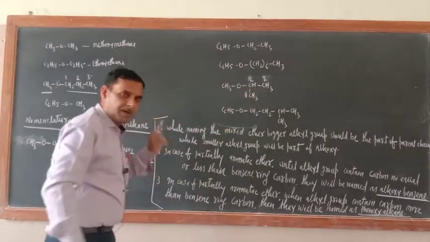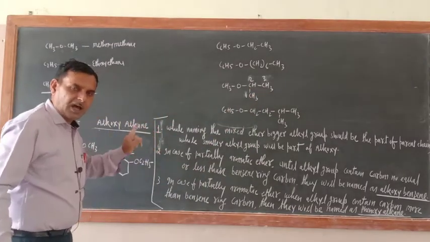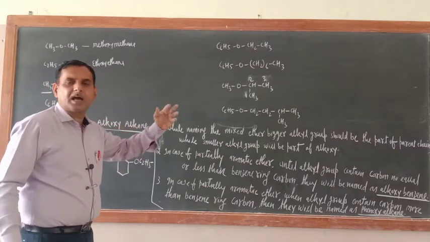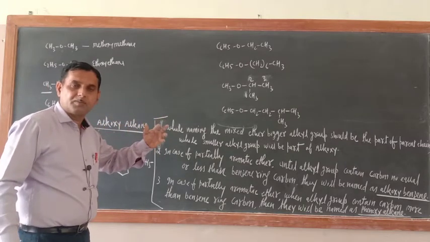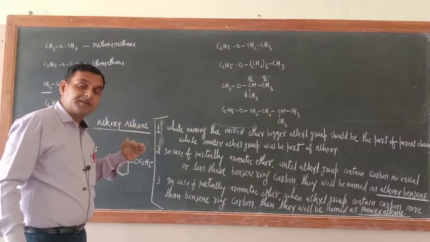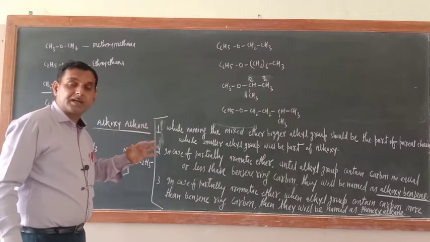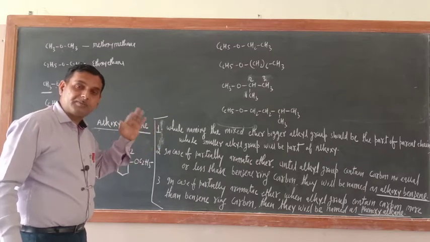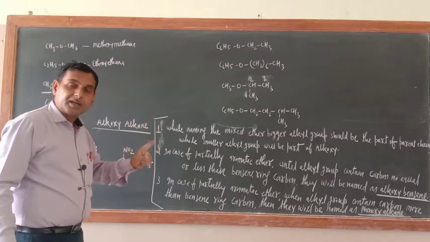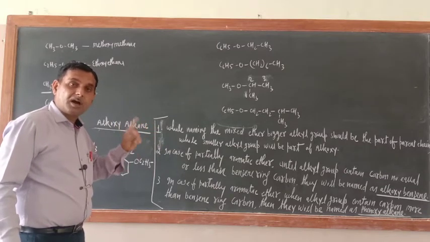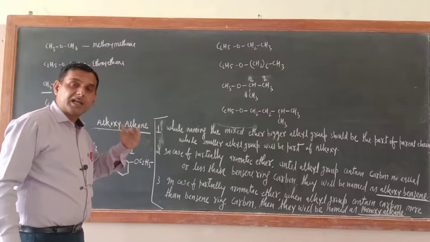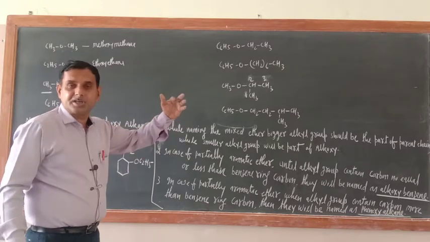It means numbering should start from that carbon atom of the larger alkyl group which is bonded with the oxygen of the ether, provided it must not violate the longest continuous chain.